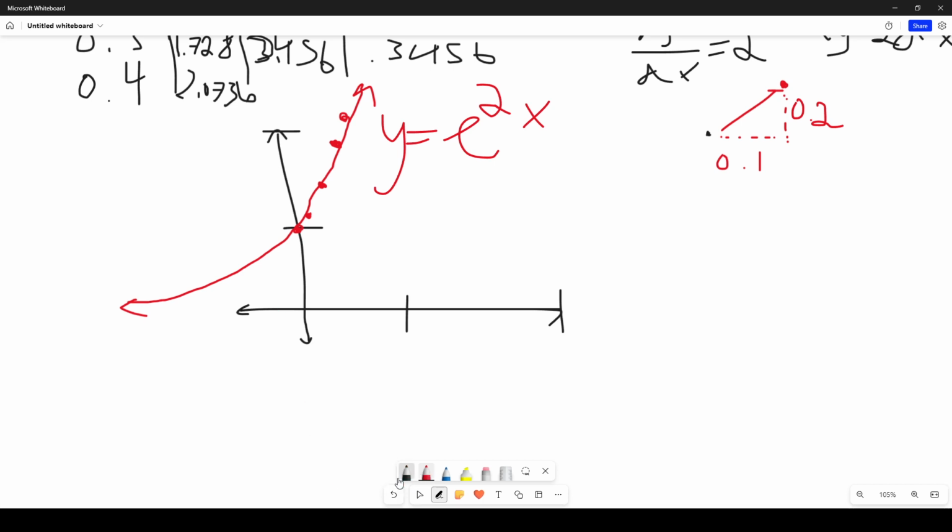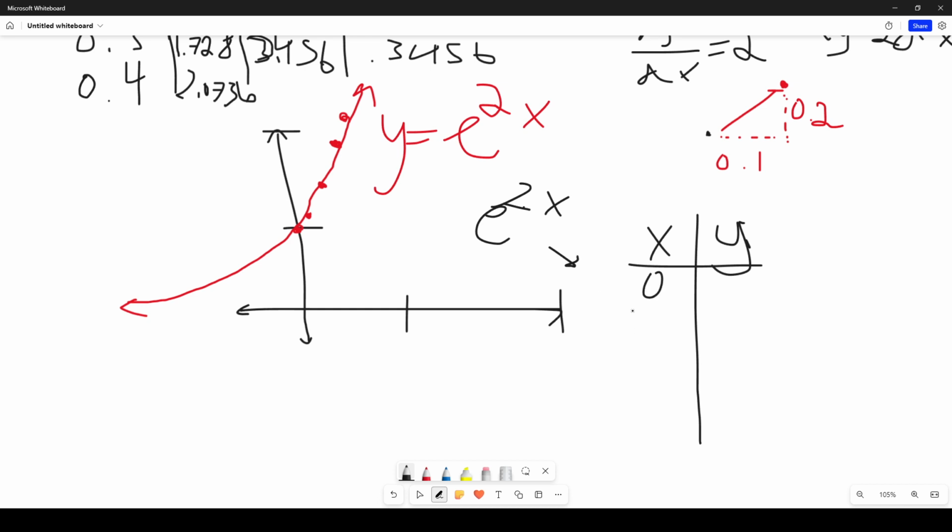So, whilst e to the 2x might be really hard to calculate, we can use Euler's method to approximate it. Luckily, I can just use my calculator right now to see the values we get. So for actual e to the 2x, these should be our points.